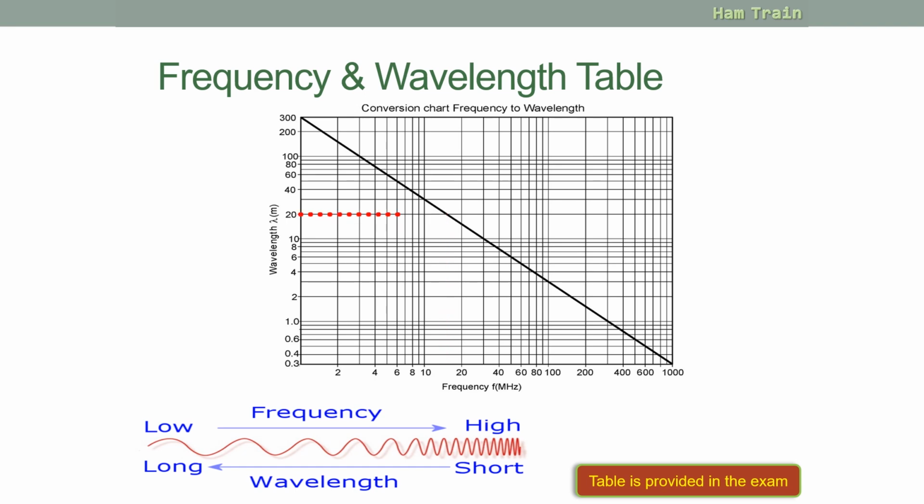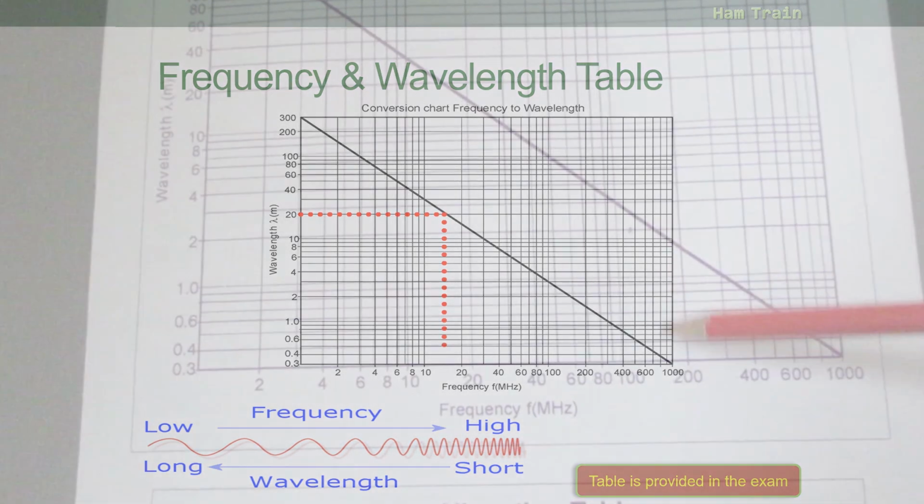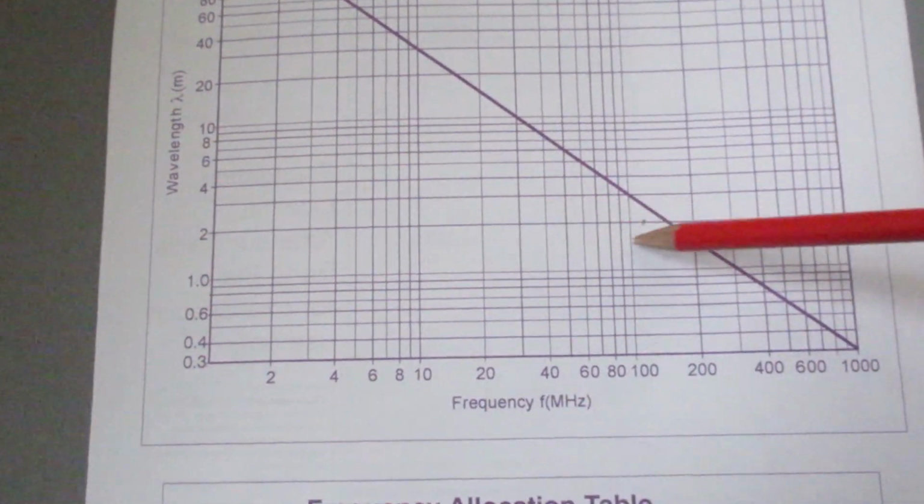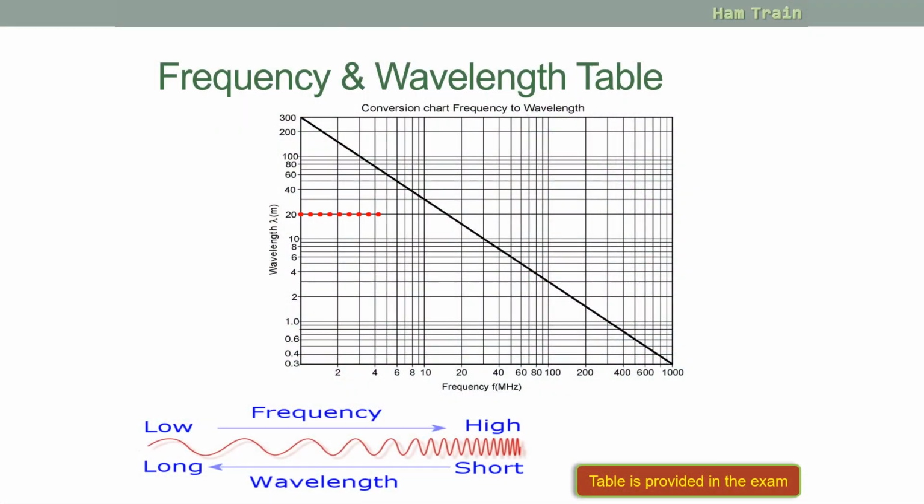What you may be asked to do is work out the frequency from a wavelength or the wavelength from a frequency. What you can see here is we're looking at a wavelength of 20 meters. So 20 meter wavelength, that's quite long, about the length of about 5 cars. If you follow along on the chart with your finger to where the diagonal line intersects and then drop down, you would see that would give you a frequency of, looks like about 15 on here, it's actually 14.